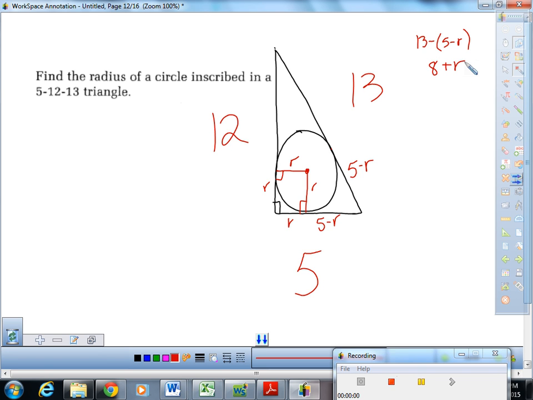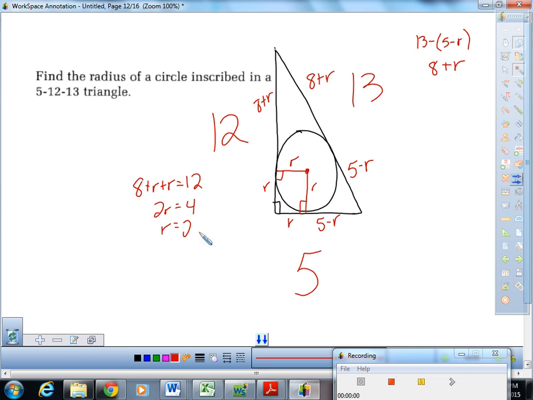Do you get that? So this is 8 plus r, so this is also 8 plus r, and now we can say that 8 plus r equals what? 12. So 2r is 4, and our r is 2.